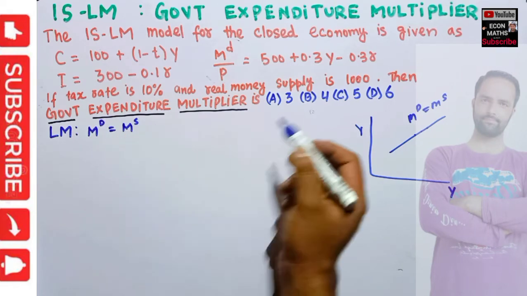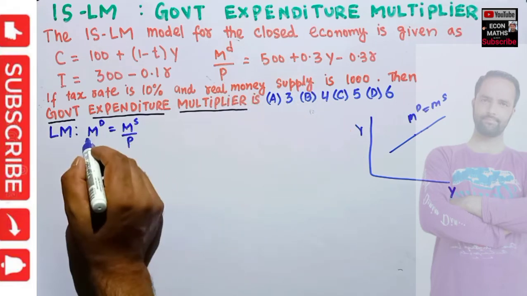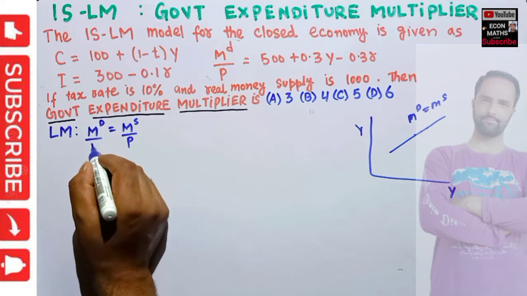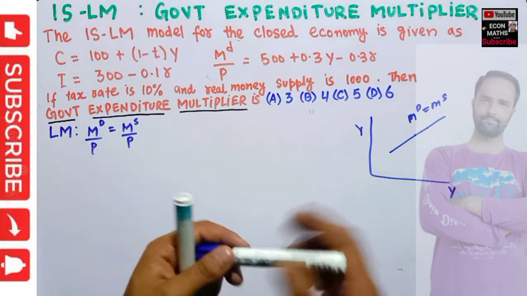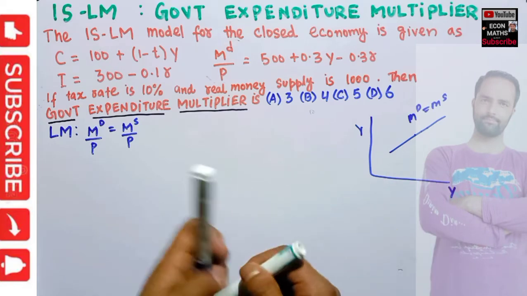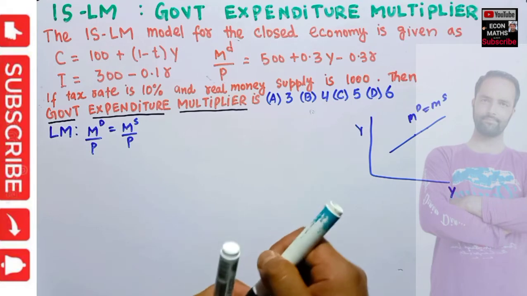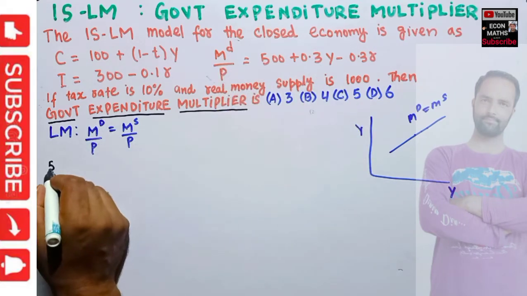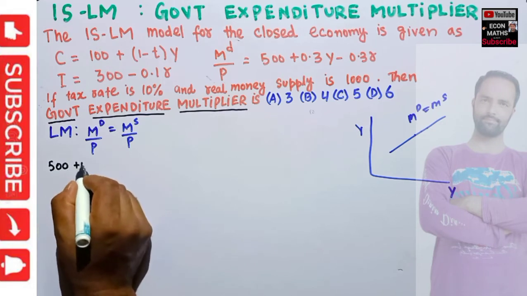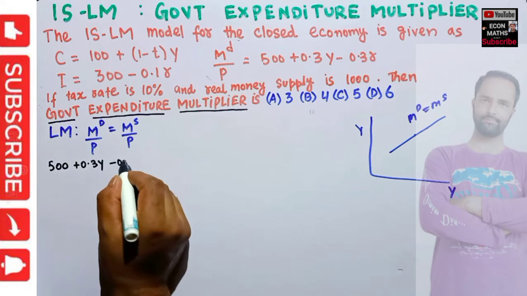Since we are being told real money supply, M divided by P, that means real money demand should be equal to real money supply. So first we will use this very condition for money market equilibrium. Md upon P is being given to us here, that is 500 plus 0.3Y minus 0.3r.